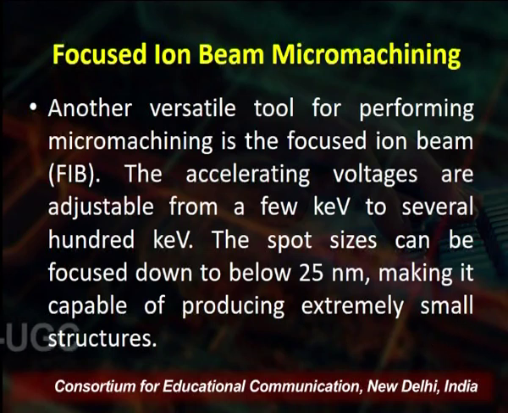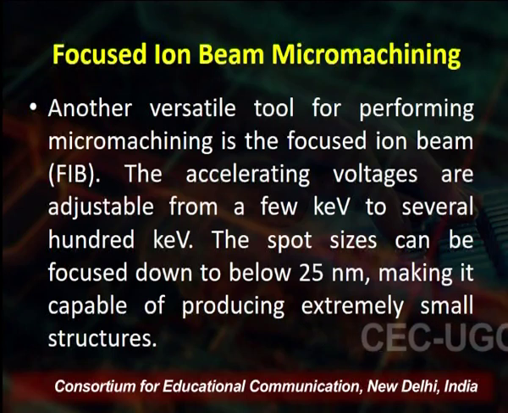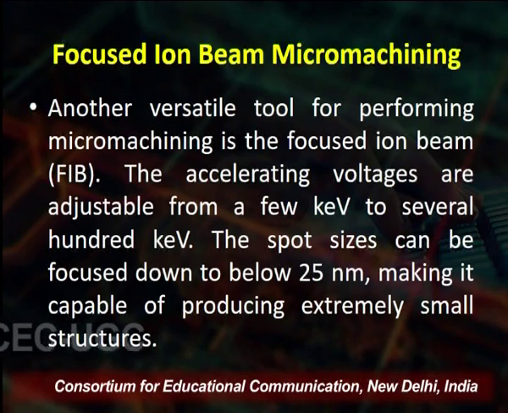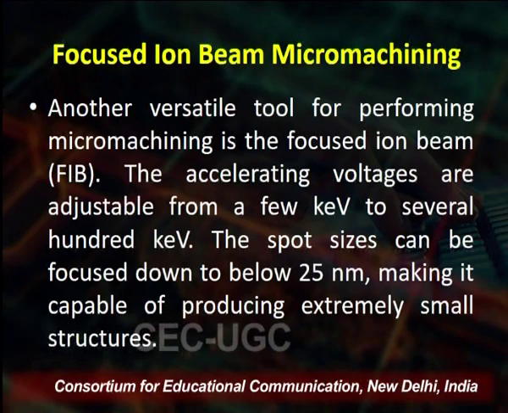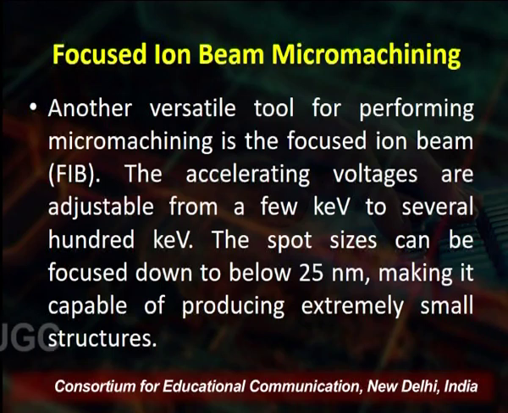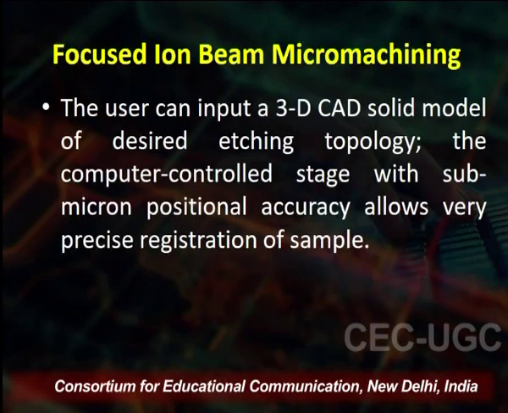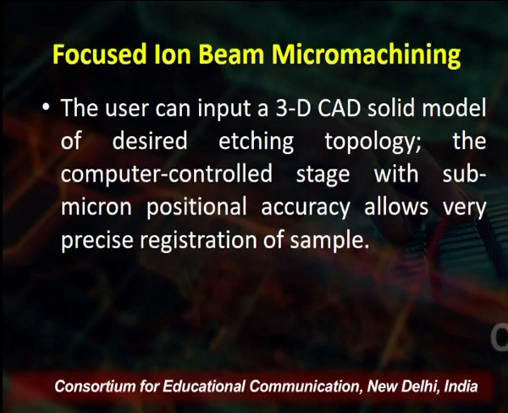You can see the size of the beam is very narrow, and that beam can produce an extremely small structure in the nanometer size. So, when we are preparing very thin, very small devices in the nanometer range, we use focused ion beam micromachining, and the user can input the 3D CAD solid model of the desired etching topology.